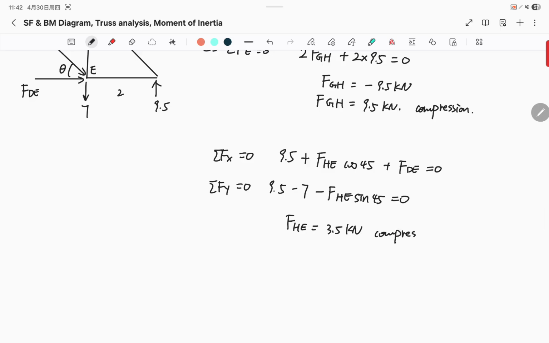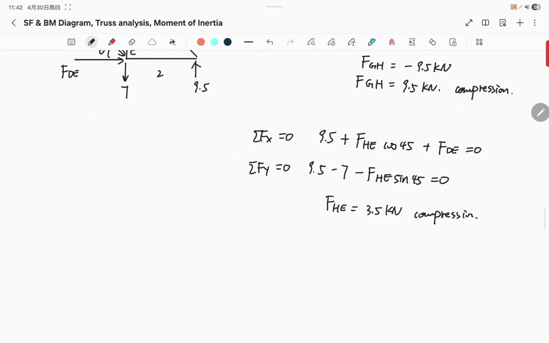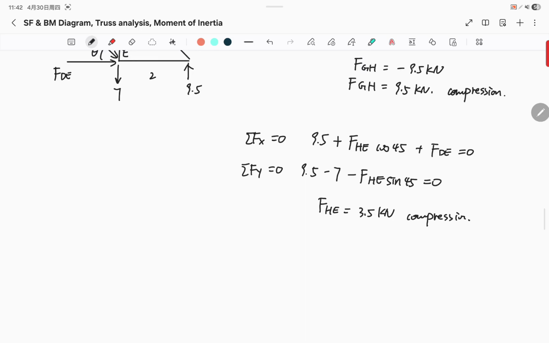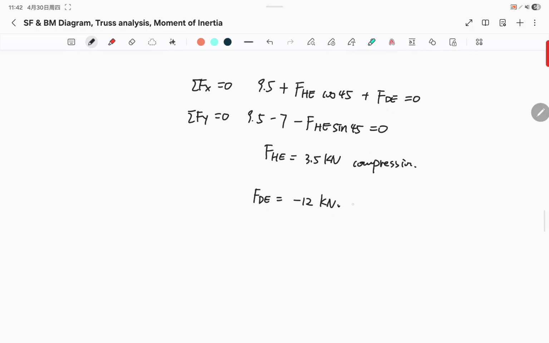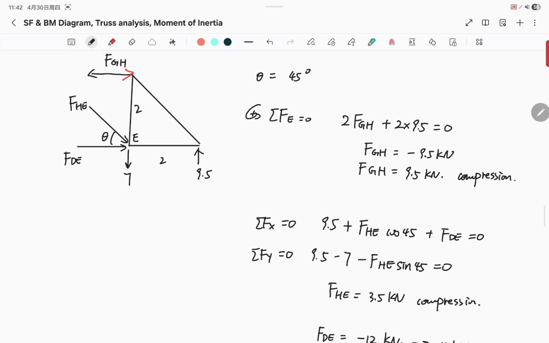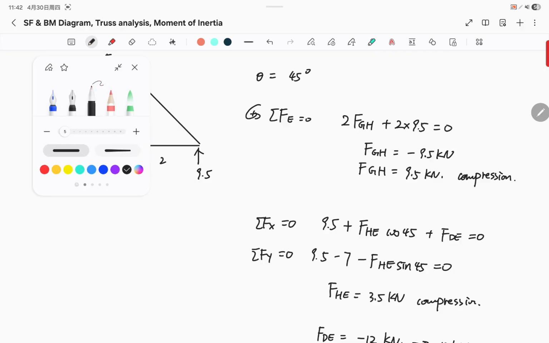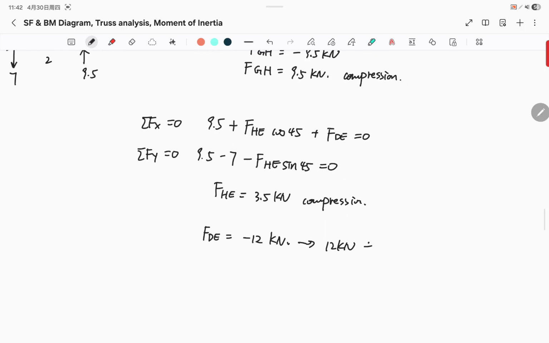We don't need to change anything; the guess was correct. And plug this value back into the force in x. We get FDE is equal to negative 12 kilonewton, which means positive 12 kilonewton, and then we're gonna change the direction, make it in tension. And that's it.